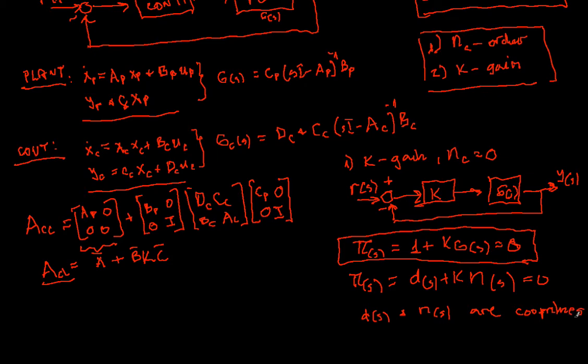What does it mean, co-primes? They don't share common factors. Therefore, for the given gain, you fix the gain, you solve the characteristic polynomial, and one obtains in the complex plane the following distribution of the eigenvalues.